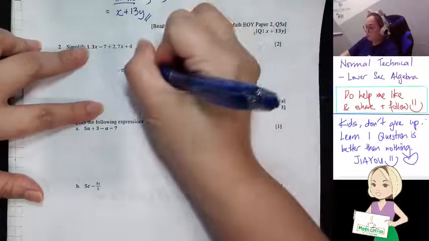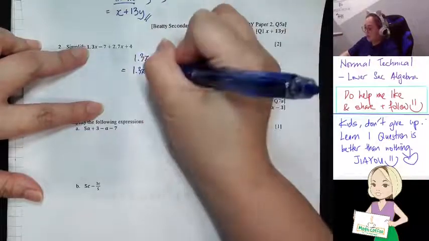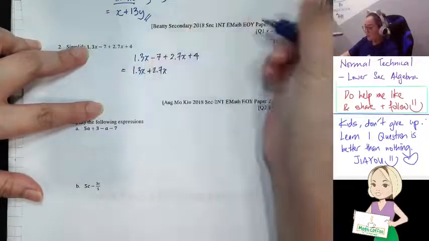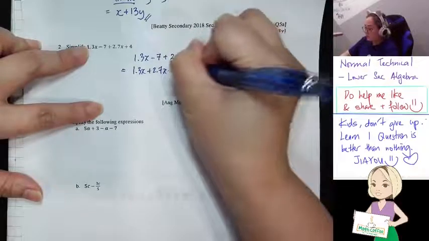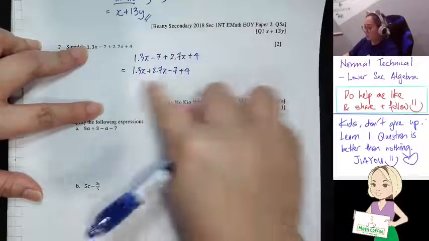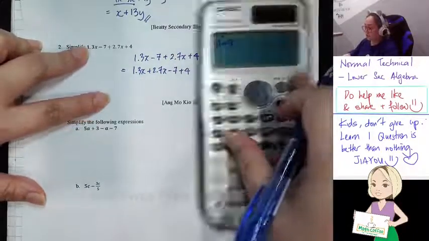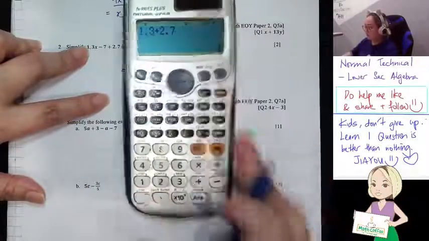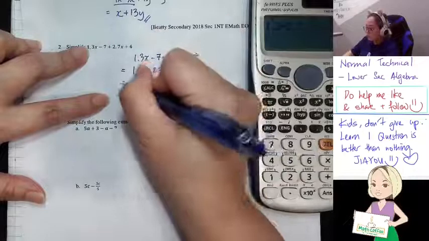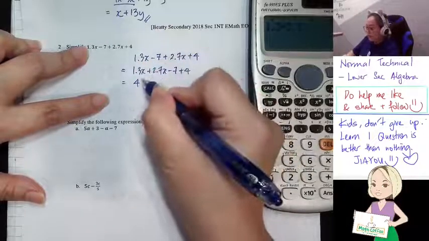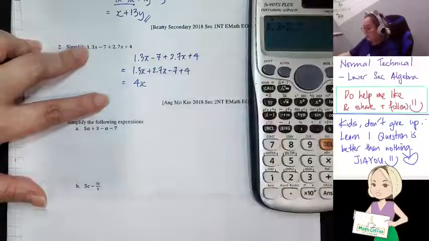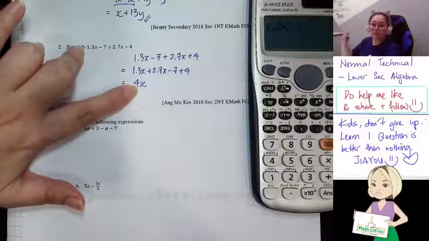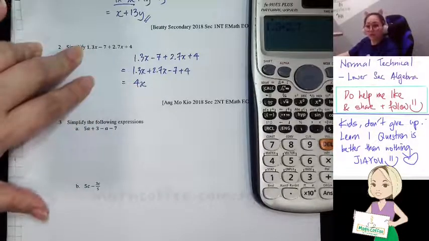So we will write it as 1.3x plus 2.7x minus 7 plus 4. For 1.3x plus 2.7x, you just key in the calculator 1.3 plus 2.7, it gives you 4. So it is 4, but don't forget to put back the x. The x sort of represents apple.